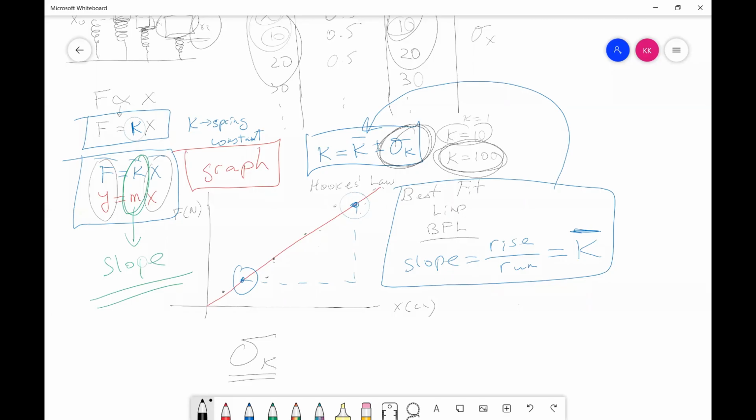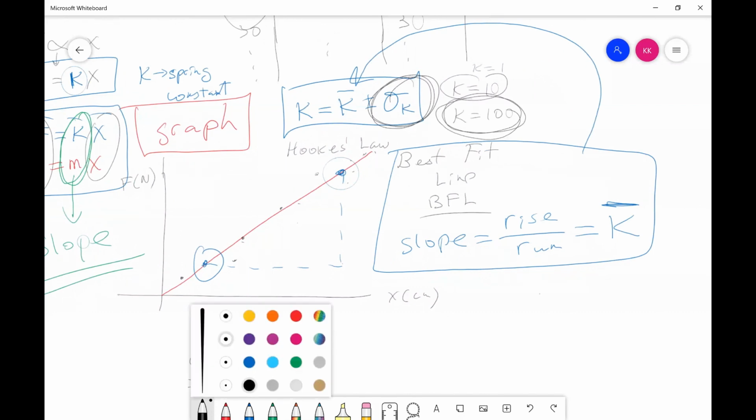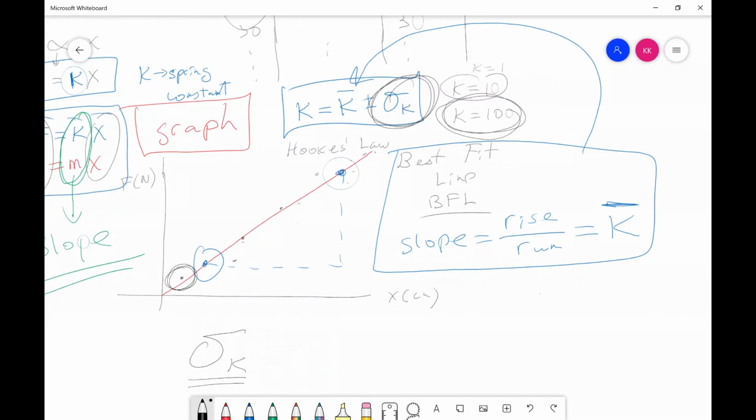All right, so the way we do it is this. Look at this data point. That data point is some force and some position that we plotted. But then the table tells us that technically force has uncertainty. So this could have been plus uncertainty in force and minus uncertainty in force.